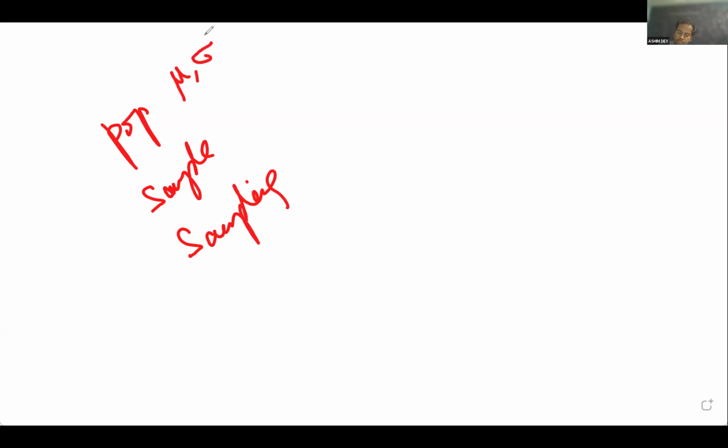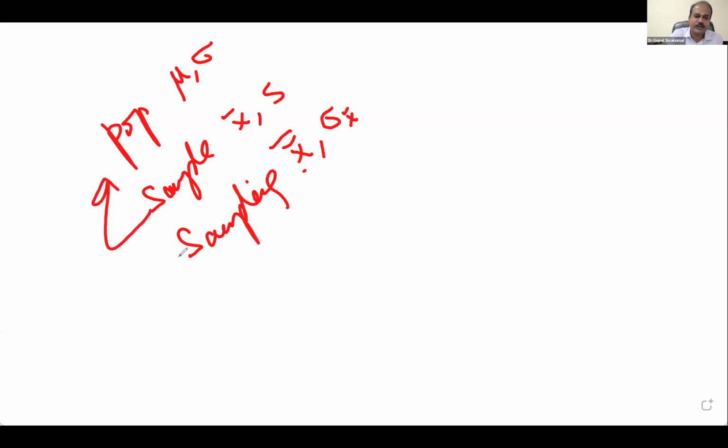Here it is mu, sigma. Here it is x bar, s. Here it is x double bar, sigma x bar. You can always use the sample to predict the population, or you can also use the sampling distribution to predict the population.